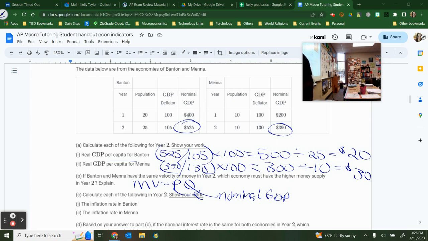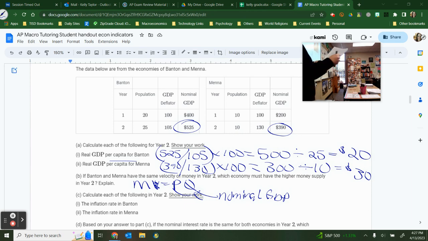Price is price level. Q is real GDP. Price level times real GDP is nominal GDP. M is money supply, M1. V is the velocity of money, which is how many times $1 is spent in a year. But it's saying in this problem that V is constant, so let's pretend V is not even here. So it's basically M equals nominal GDP, and it's asking who must have a higher M. If these two sides have to be equal, whoever has the highest M probably has the highest nominal GDP, and it's Banton.